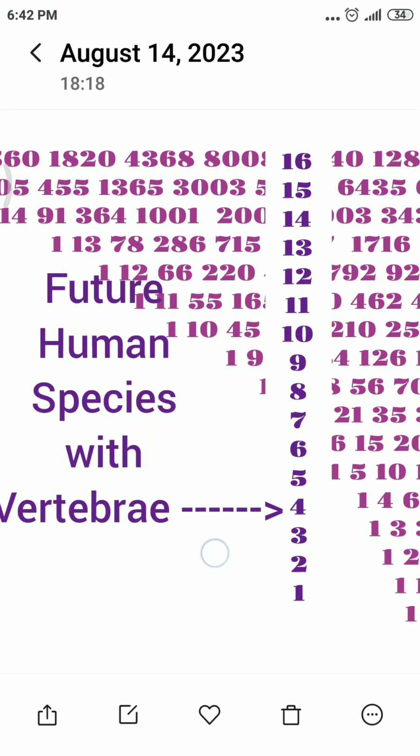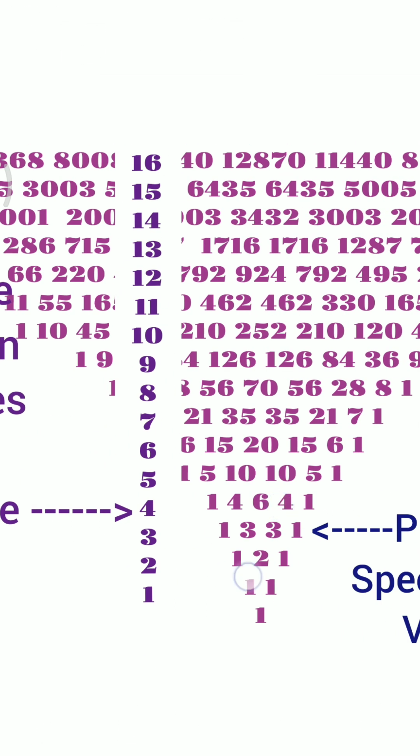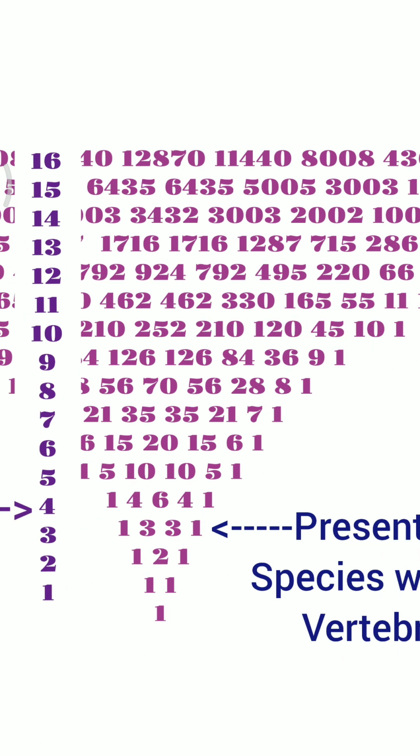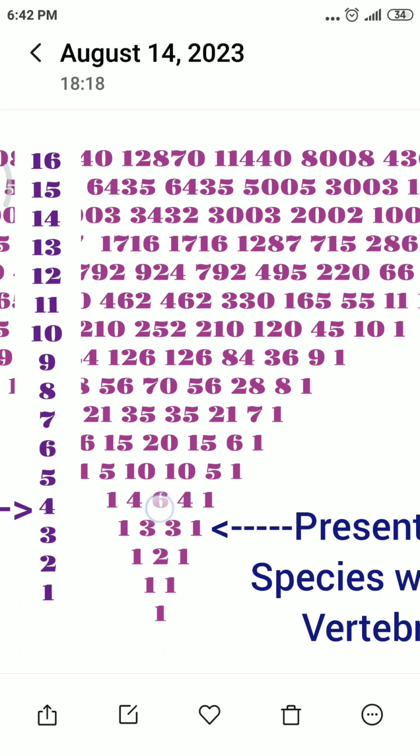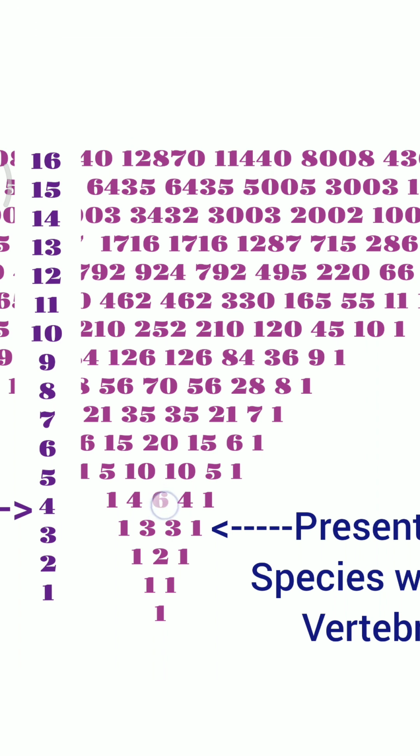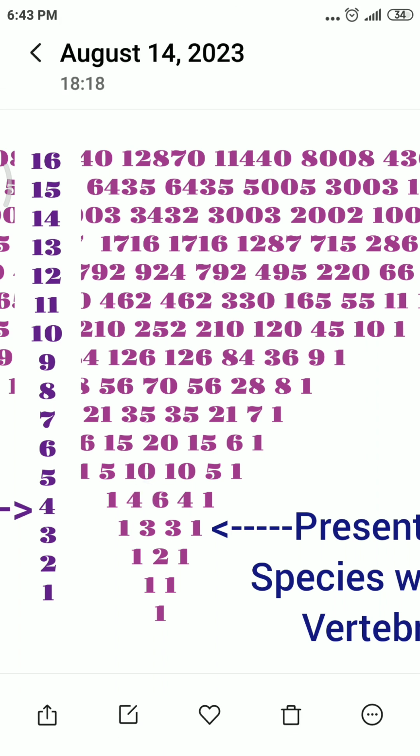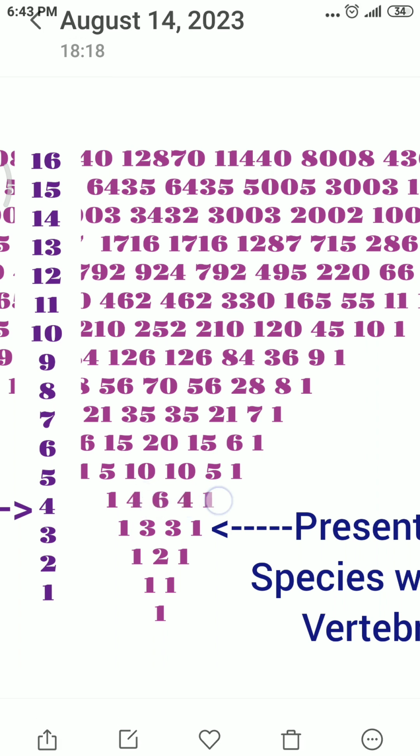The future human species will have DNA with two strands instead of the 1.5 strands we have now. When we get two strands of DNA, physically we will be at this phase, meaning we will for the first time experience the fourth dimension. So what is this, 461?